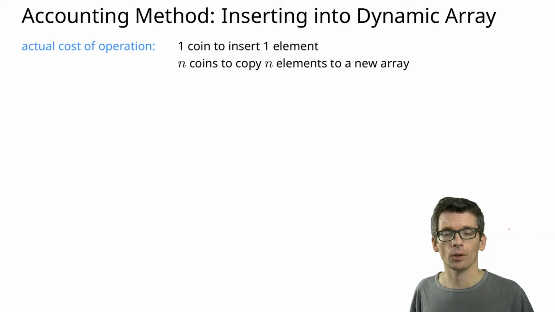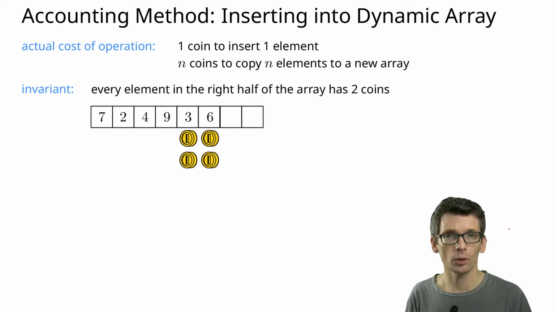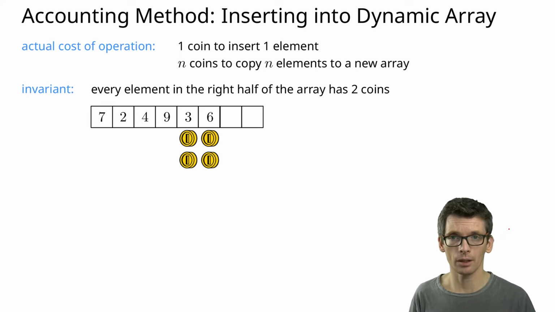The invariant that we're going to maintain is the following. Every element in the right half of my array is going to save 2 coins. So here I have an array of size 8. So right half, those are the last 4 elements, or the last 4 positions.